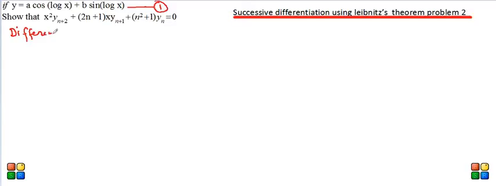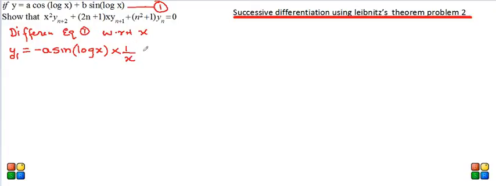So differentiating equation 1 with respect to x, y becomes y1. a is a constant, cos of anything is minus sine of that thing, so minus a sine of log x, and as a chain rule into d by dx of log x, which is 1 by x, so into 1 by x, plus b times, b is again constant, sine of anything is cos of that thing, so cos of log x into d by dx of log x is again equal to 1 by x.